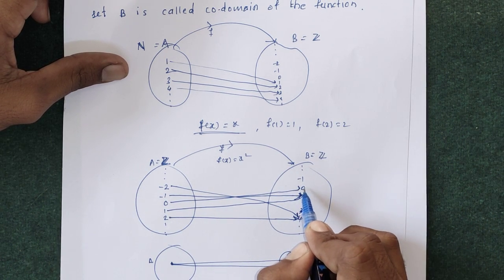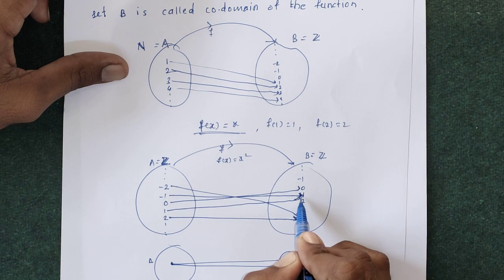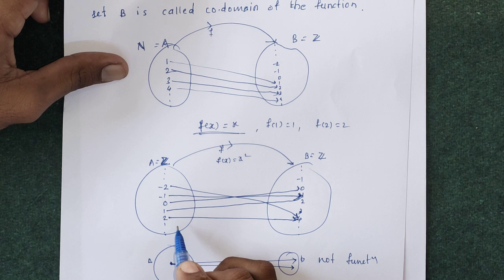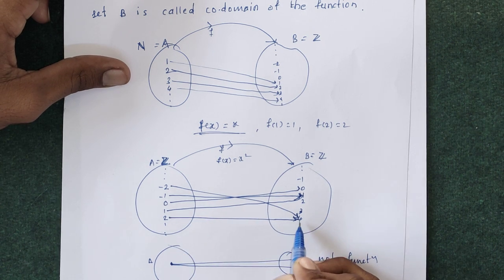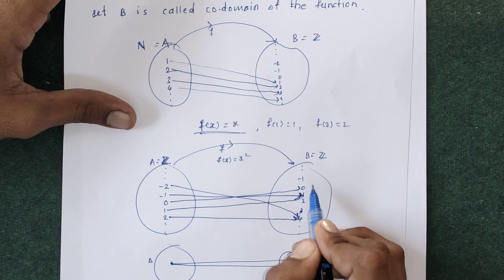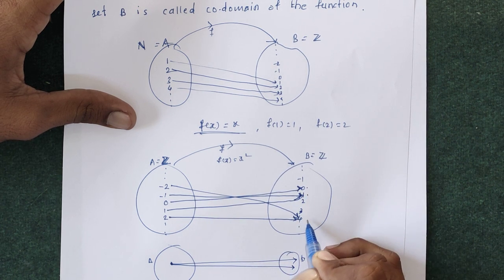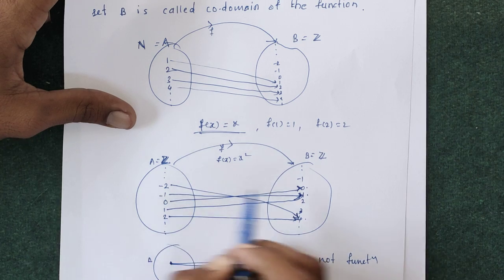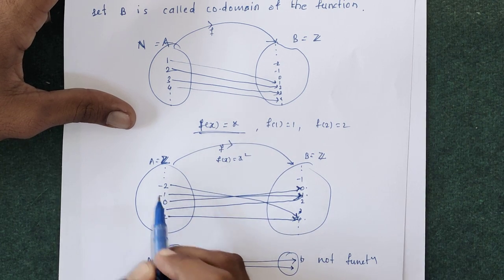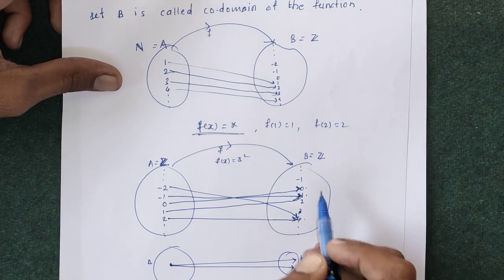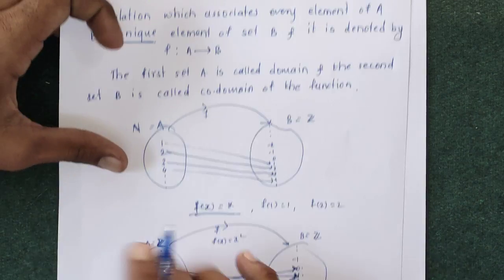So here 1 is the image of some element, 0 is the image of some element, 4 is the image of some element. Then we find the set of images of the domain elements, and that set is called the range of that function.